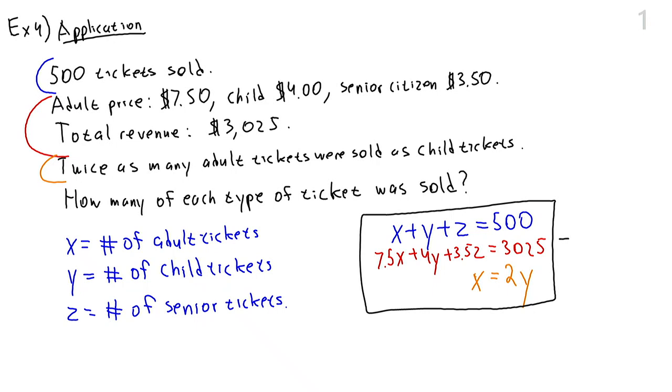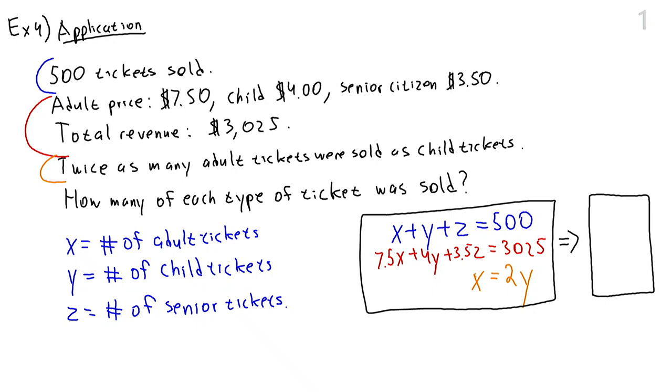Now I won't solve it here. You can solve it in the same manner as we solved the previous problems. But the basics is that you take advantage of the simplest equation here, which is x equals 2y, and you substitute that into the first and second equation, and then what you end up with is an equation of only y's and z's.